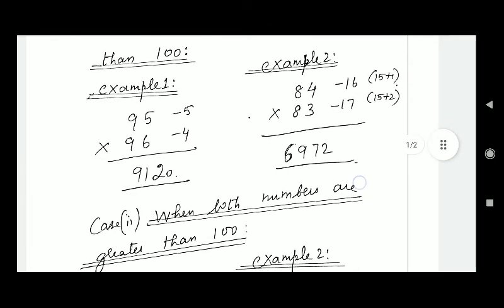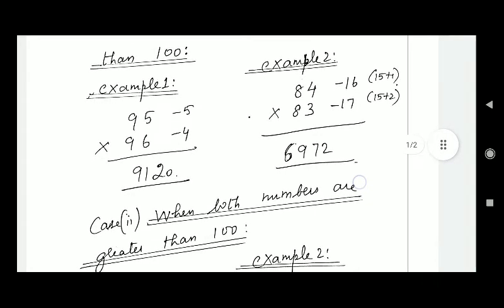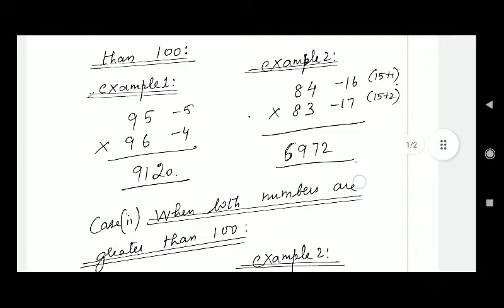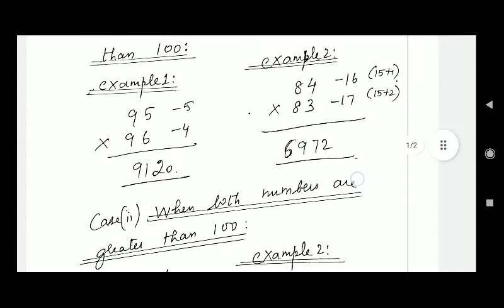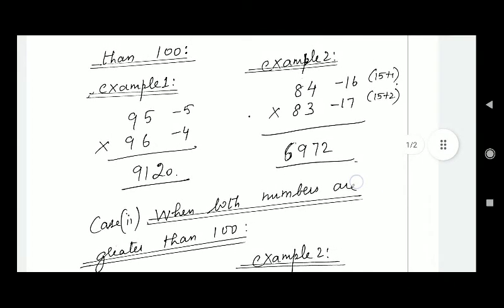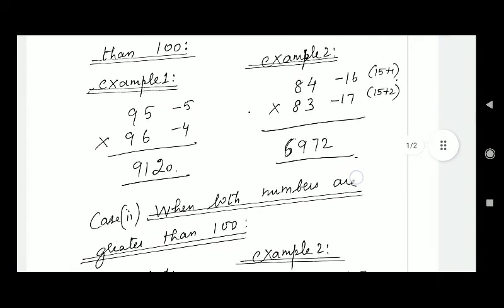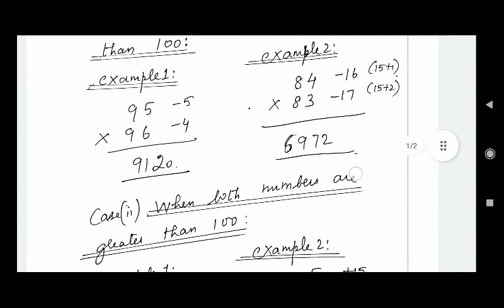That means 15 square will give me 225, and then 2 plus 1 times 15, that is 45. So 225 plus 45 will give me 270, plus 2 into 1, which is 2. So 272. So 16 into 17 is nothing but 272. I shall write only the last two digits of 272. 72 is my last two digits of the final answer.